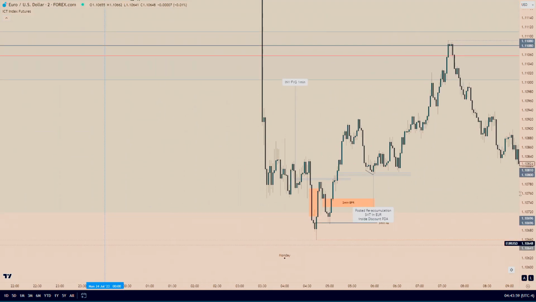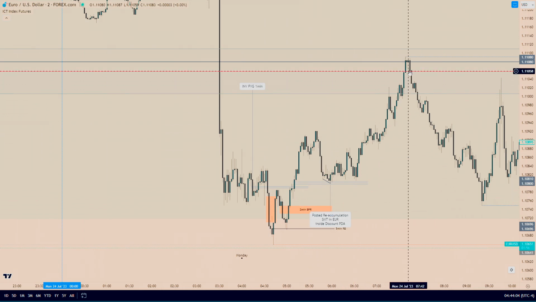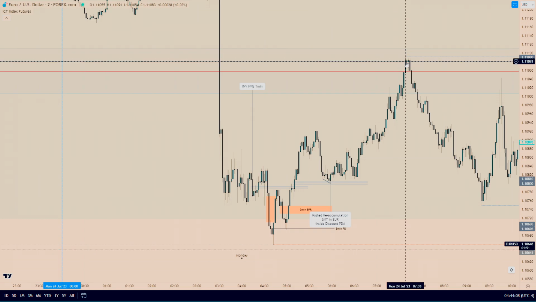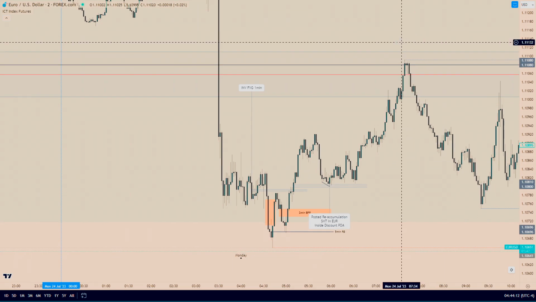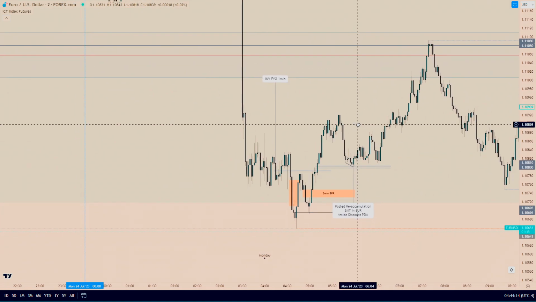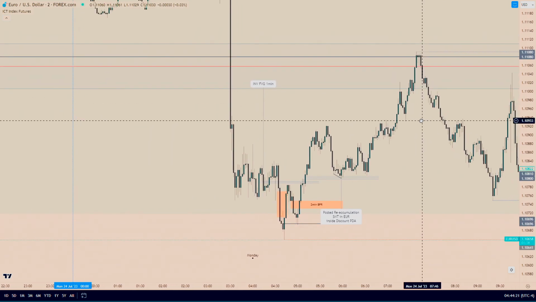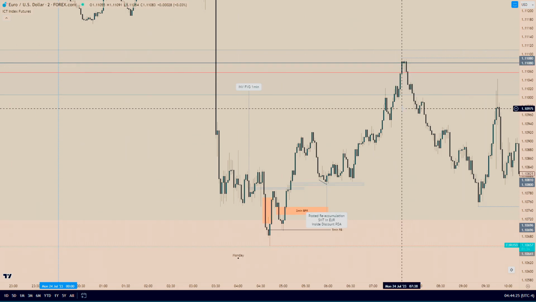You'll see, as the day's trading progressed, the role that the inverted 1 hour fair value gap eventually plays. This inversion is the draw on liquidity.